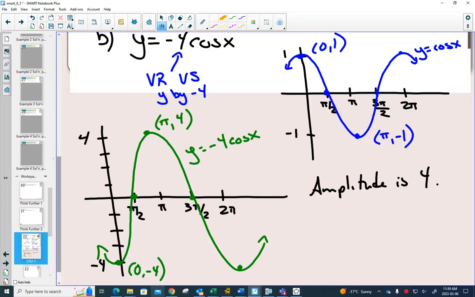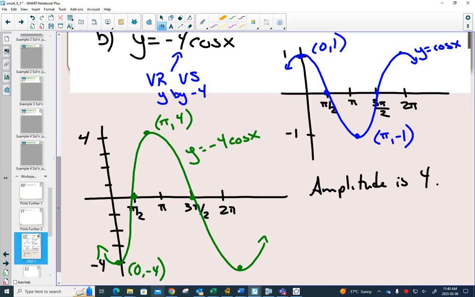So that'll be our first shortcut, that our amplitude is going to be figured out by whatever your vertical stretch or compression is. And if we know our amplitude, we can label our maximum and minimum very easily, and this will allow us to graph it quicker than if we had to draw all the 5 points and say, where does this one go, where does this one go? So it will save us some time on mental math.